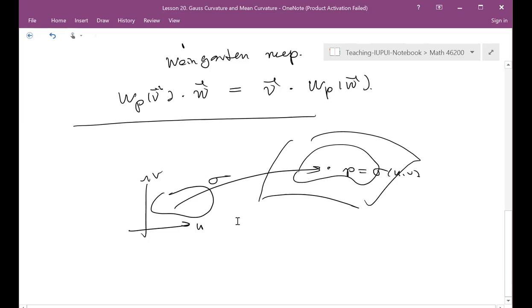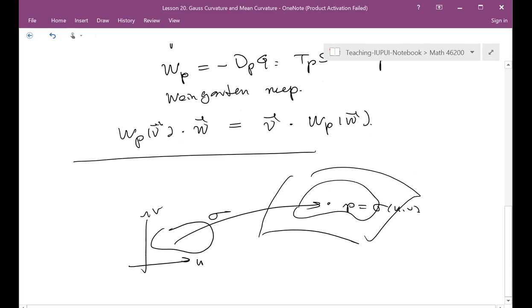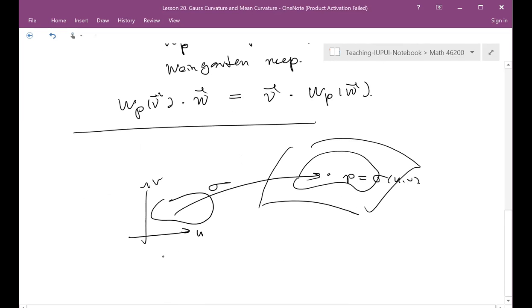Then using the surface patch, the Gauss map is defined in the following way.